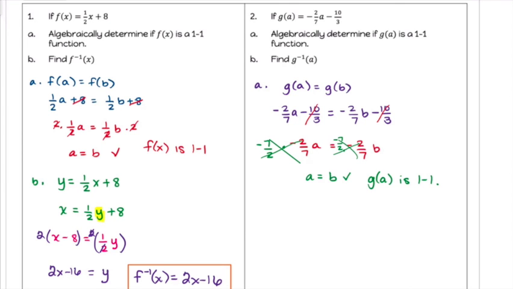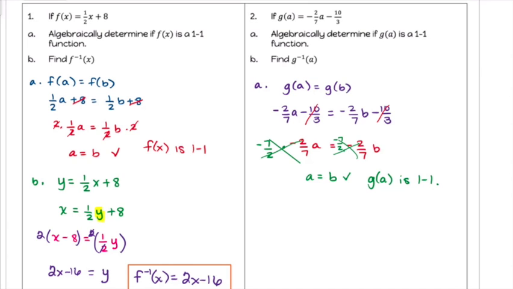All right, so here is our proof. g of a equals g of b. I plug in a, I plug in b. I slowly get a equals b by moving that negative 10 over 3 on both sides and then multiplying by the reciprocal, which would leave me at a equals b.